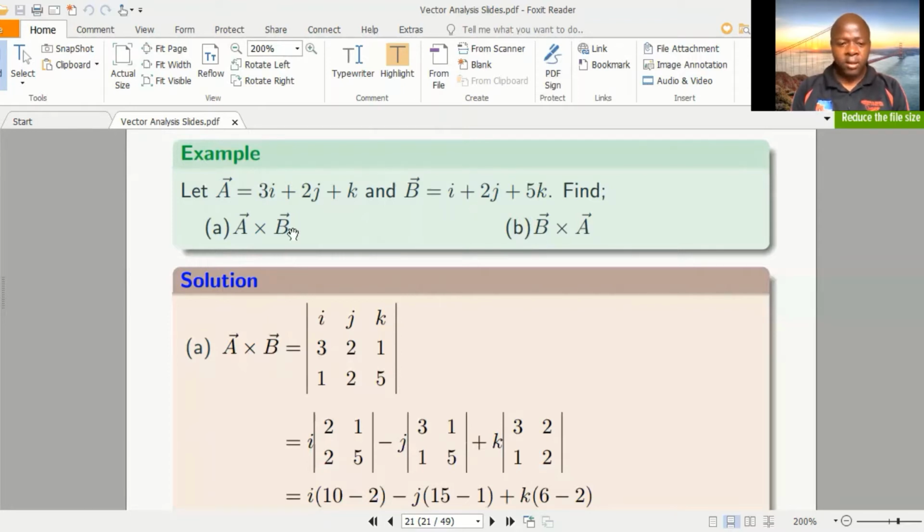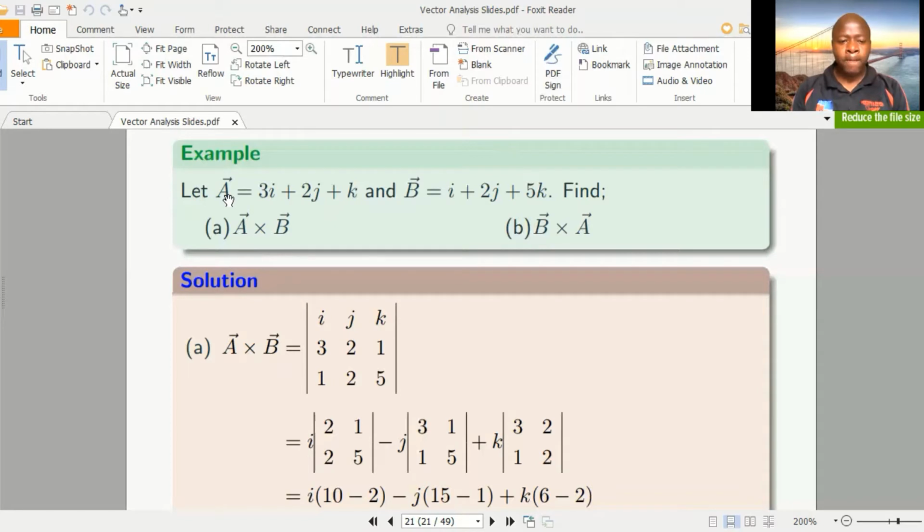It's easy because once you obtain this, it becomes easy to get this by just multiplying by negative, as we saw in our previous video, that this vector is in the opposite direction of this vector. So once you have this, just multiply the result by negative, and then you have this. So let's go straight to part A.